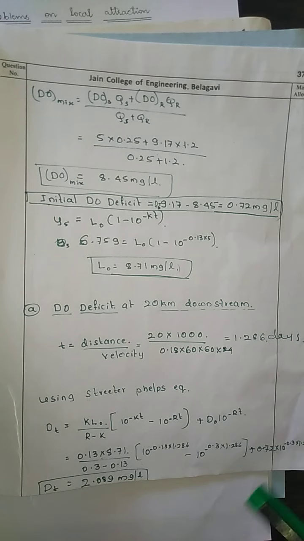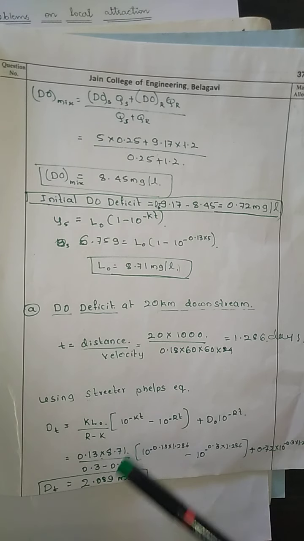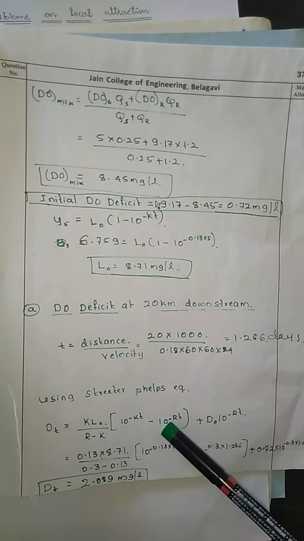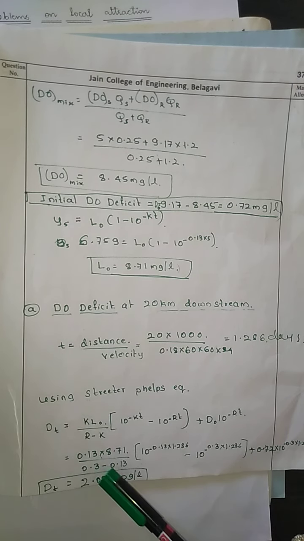Now using the Streeter-Phelps equation, we are going to find the DO deficit after that many days. It is K L naught divided by R minus K, into 10 to the power minus KT minus 10 to the power minus RT, plus D naught into 10 to the power minus RT. The K value is 0.13, already given.